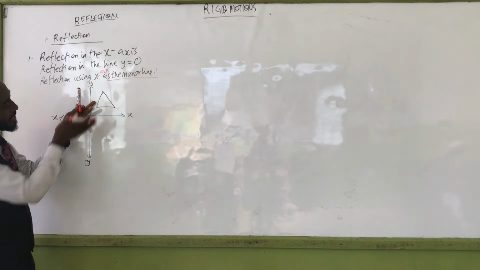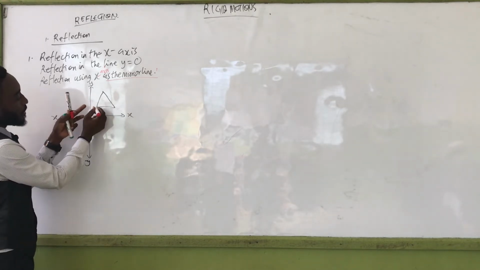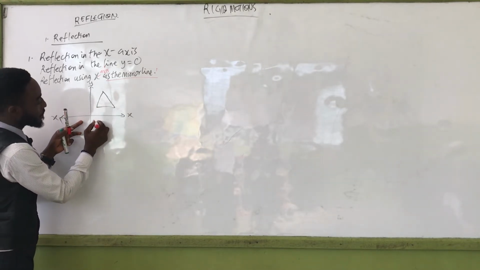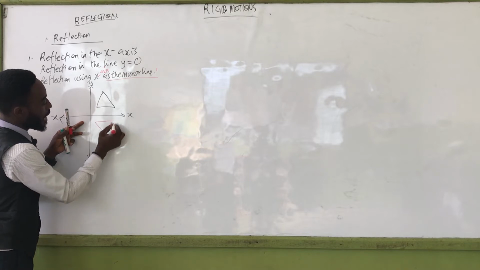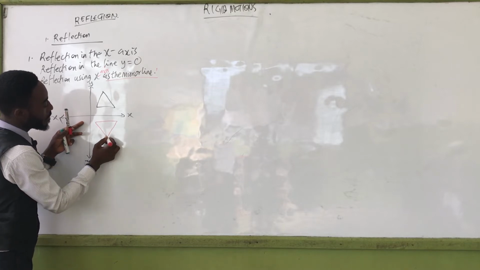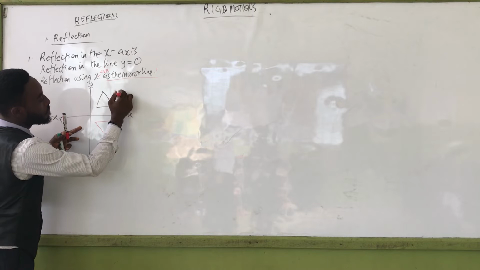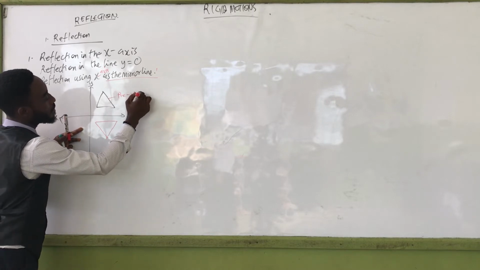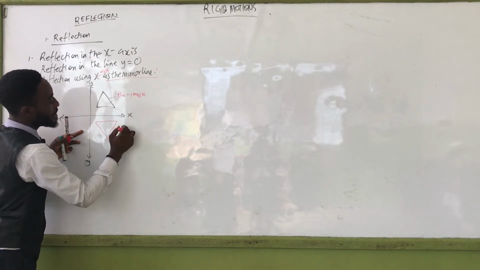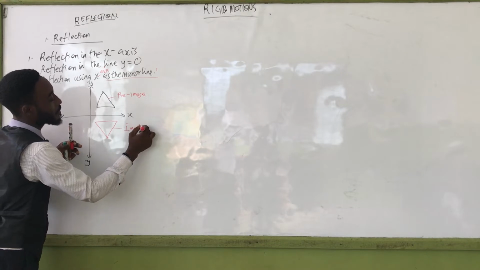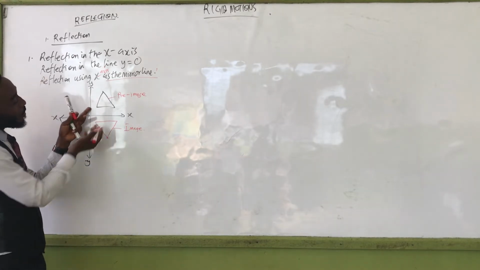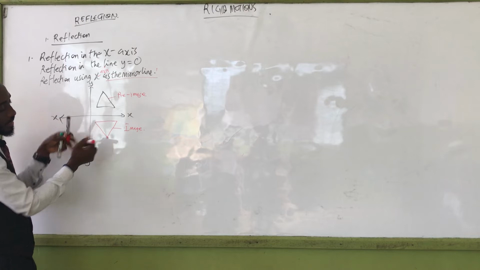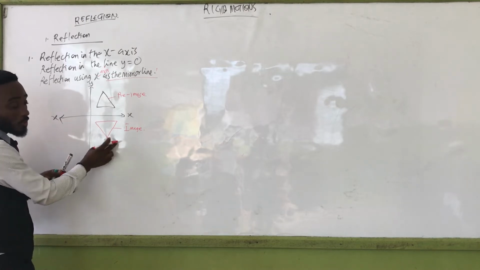We say reflection is a flip. So if we are using this as a mirror line, this is a pre-image, and then this is the image. When this becomes our mirror, it's going to flip to this side. So our image is going to be here.